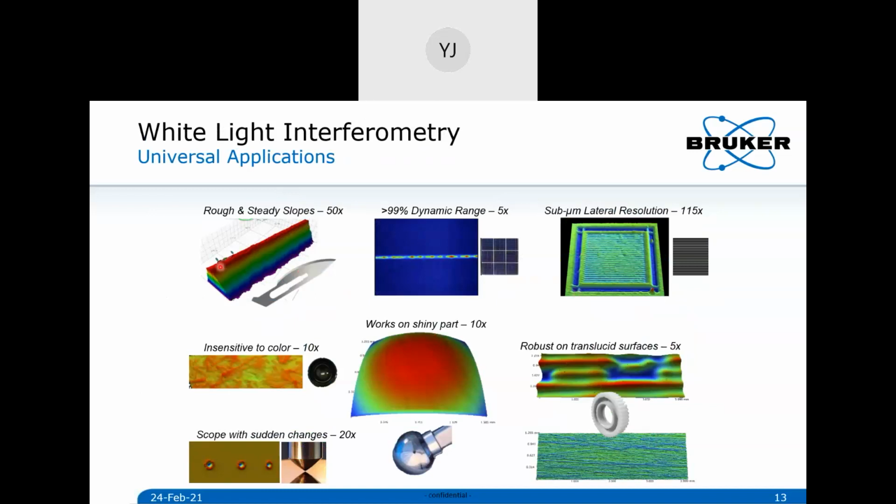And this technique is widely applicable. So if you have rough surfaces and slopes like these scalpels, or you have a very high dynamic range, like these conducting metal wires, which are 100% reflective against a background which is almost absorptive, like solar cells, you see very high lateral resolution, submicron resolutions, on these kinds of grid patterns.